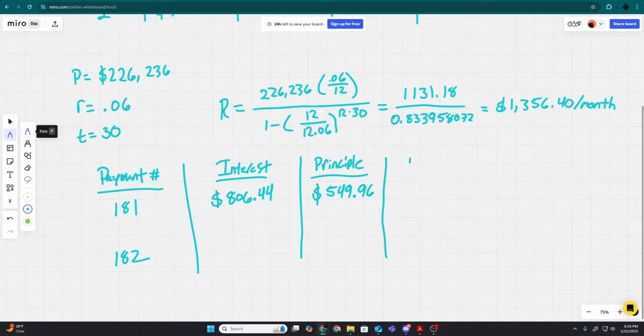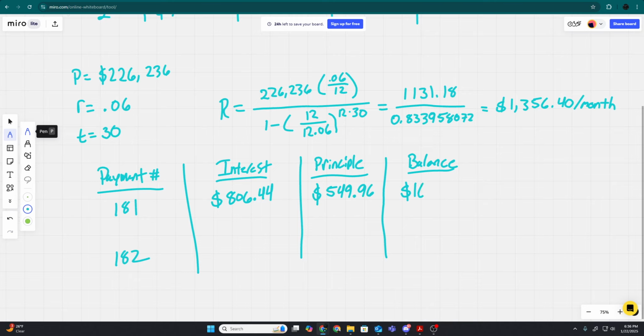Okay, and then the balance. So our balance is going to be what we started with to calculate this interest minus this principal. So again, we're going to use $161,287.77 minus this principal.